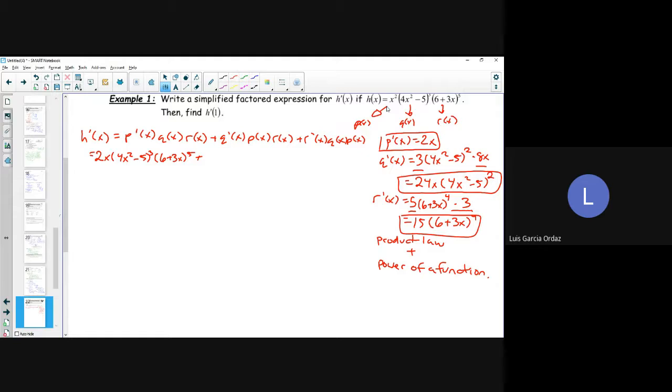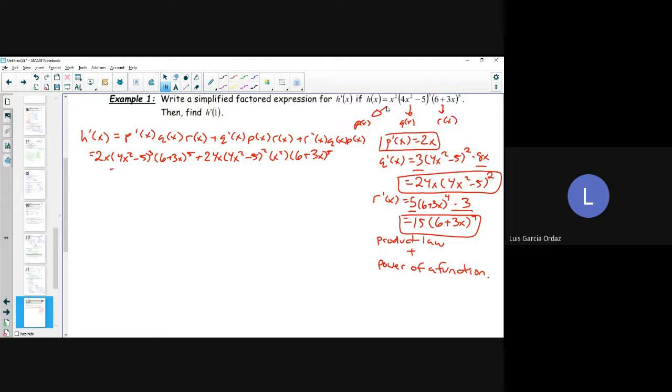So my derivative of q of x is 24x times (4x squared minus 5) squared multiplied by x squared times (6 plus 3x) to the 5. And as you can see, it's going to get annoying because now I have to start my whole line at the bottom.